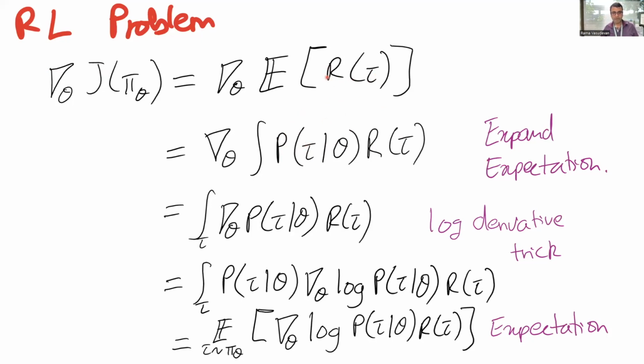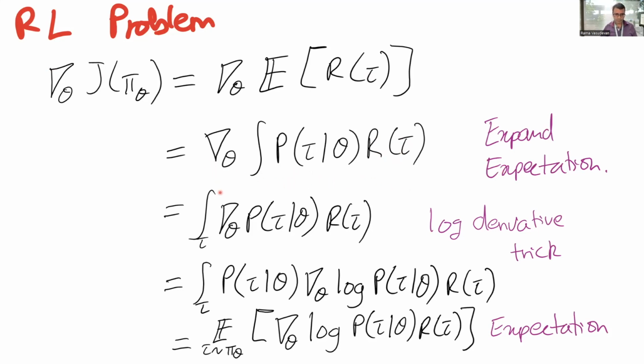So if we have returns as a function of these trajectories tau, then I have a probability of obtaining these trajectories tau conditioned on the policy parameters themselves, because depending on what my policy parameters are, that's going to determine what my trajectories through the system are. And then I multiply by r of tau, because this is the definition of the expectation itself.